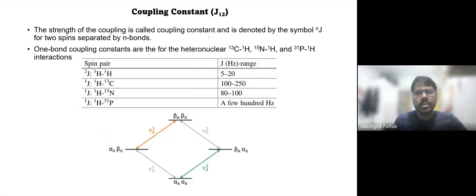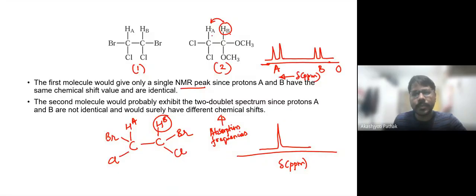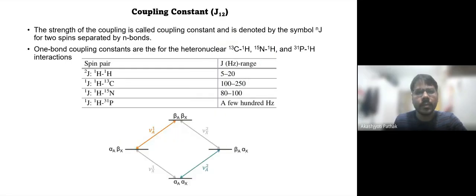Now this part was also covered in the lecture, the coupling constant. The strength of coupling is called the coupling constant and is denoted by the symbol nJ for two spins separated by n bonds. In this case, how many bonds are there between the two protons? That gives you the coupling constant.